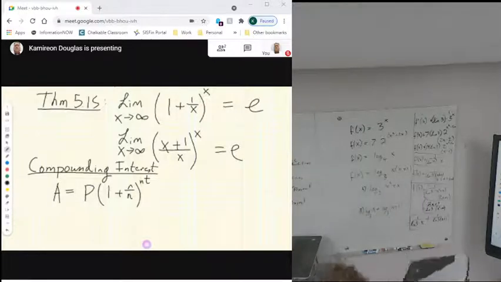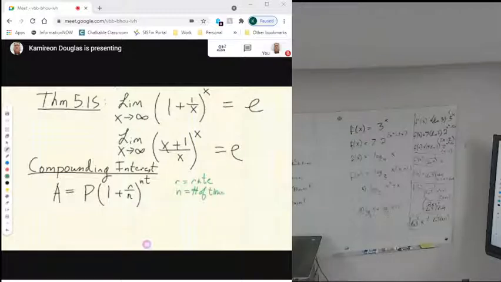This formula is designed to calculate interest assuming that r is the rate, n is the number of times per year, and t is the number of years.